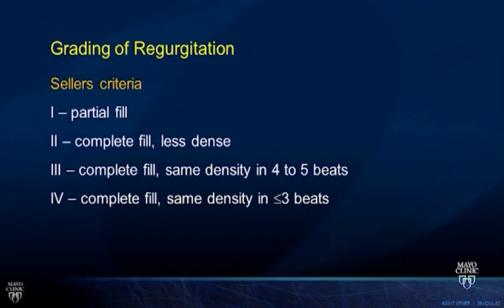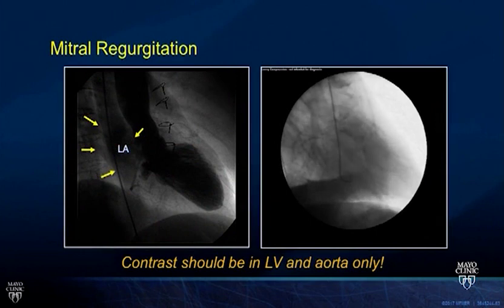And grade 3 is that it does reach the same density, but it takes 4 to 5 beats to reach that density. And grade 4, or severe regurgitation, is it reaches the same density of the distal chamber within 3 beats.